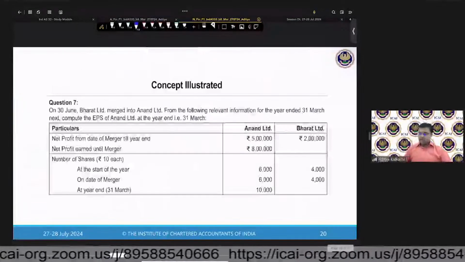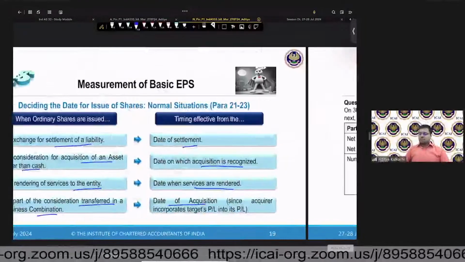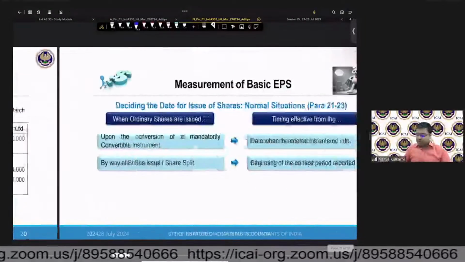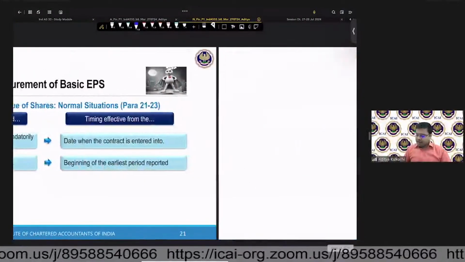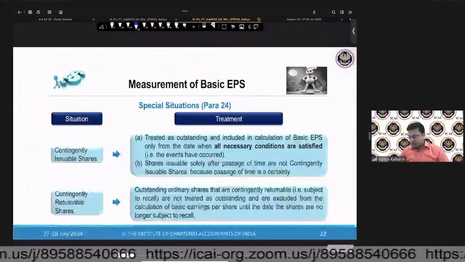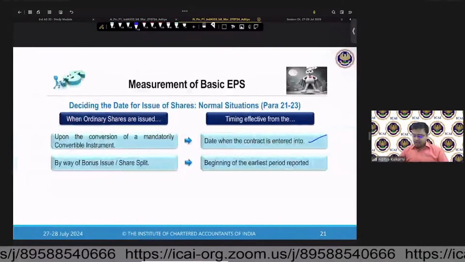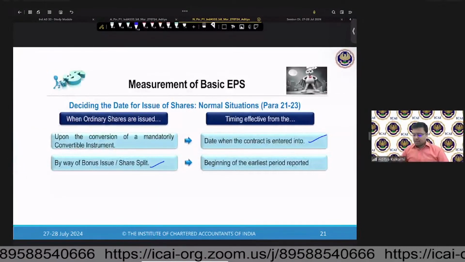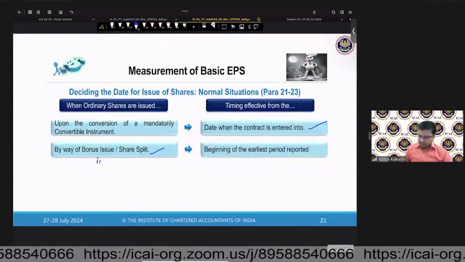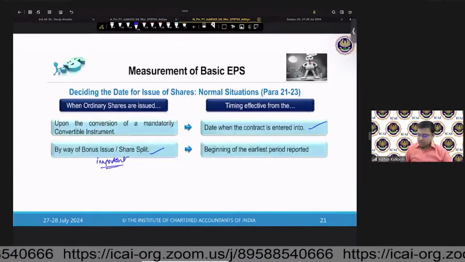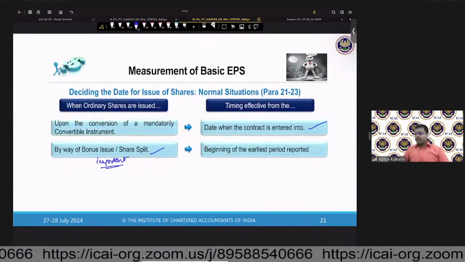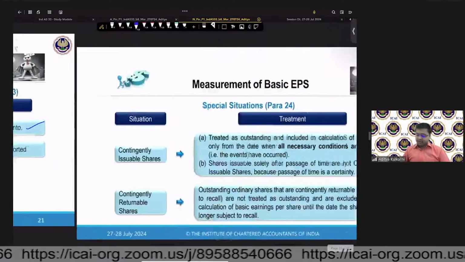So these are some of the situations that you have. Upon conversion of a mandatorily convertible instrument, the date when the contract is entered into. Bonus or share split, this is important for us. Bonus or share split, beginning of the earliest prior period reported.